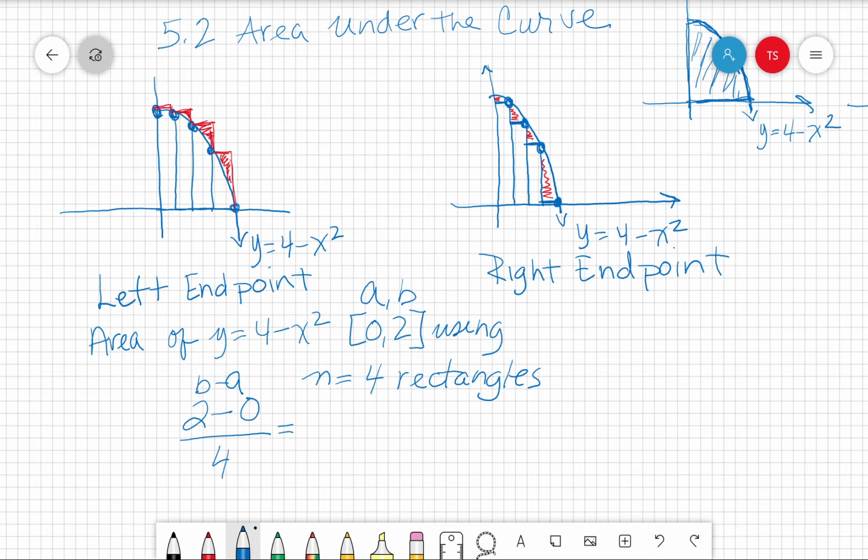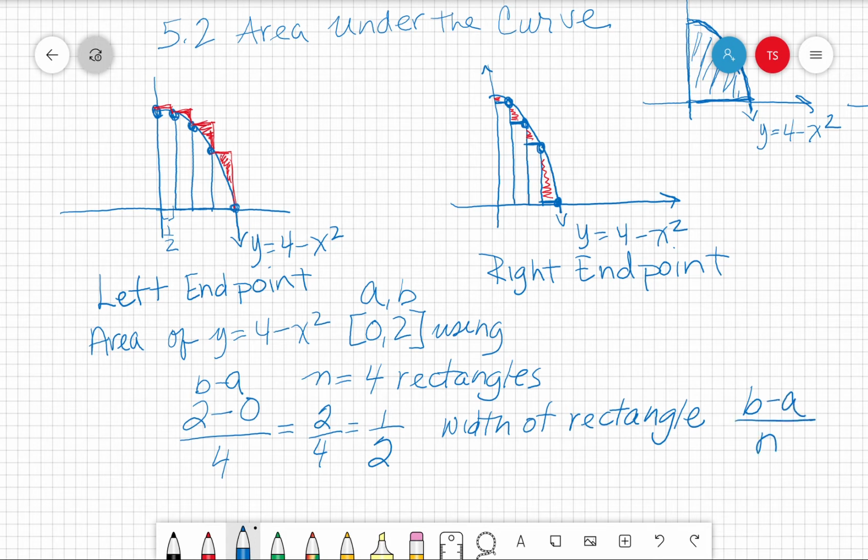So that gives me 2 over 4, or 1/2. And that distance here is the width of my rectangle. So in general, the width of the rectangle would be B minus A divided by N, where N is the number of rectangles.